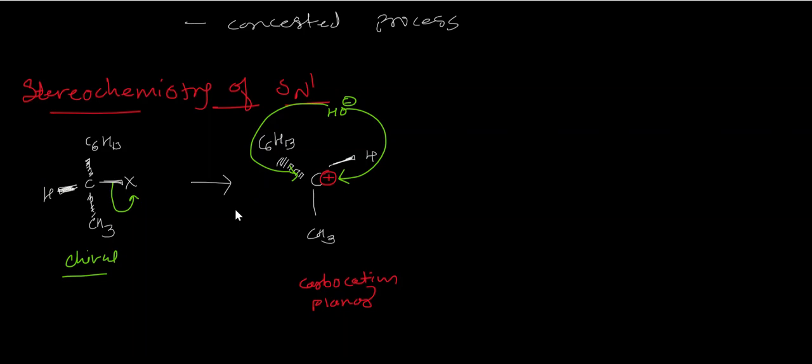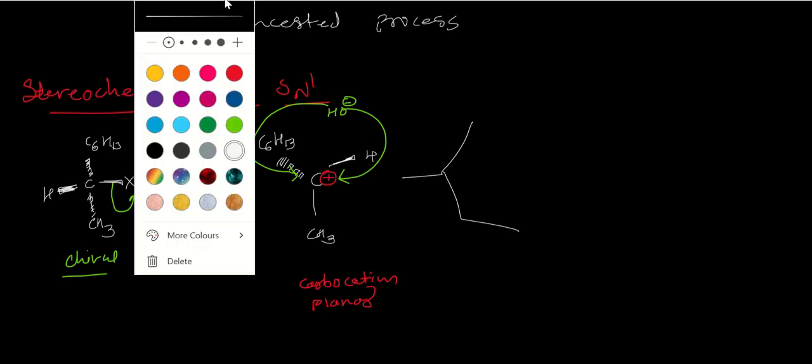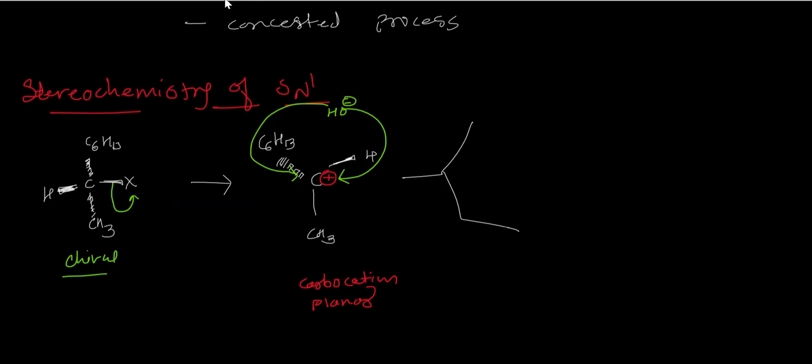Now let us see here. This is the first path, the A path, and this is the B path. If the nucleophile attacks from this side, that means the back side of the leaving group, what is the product of this reaction?